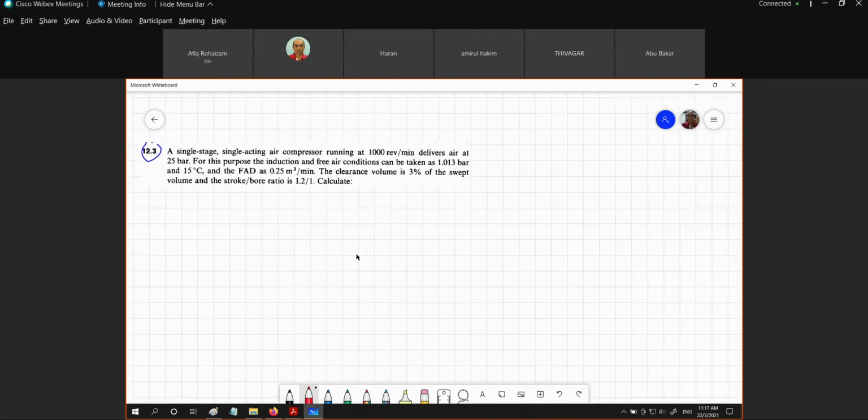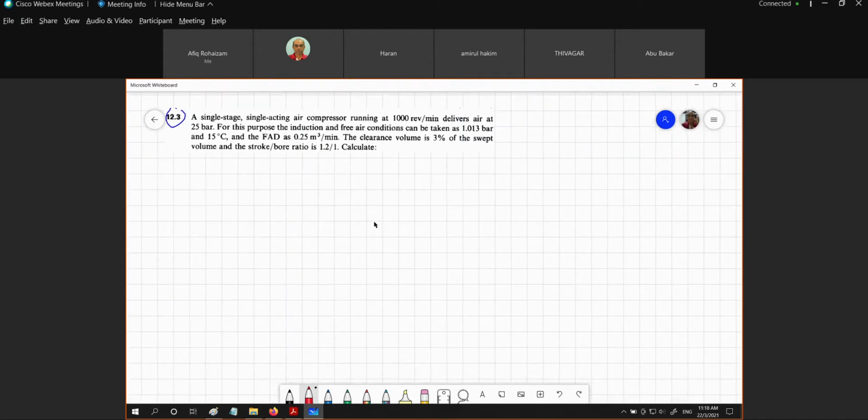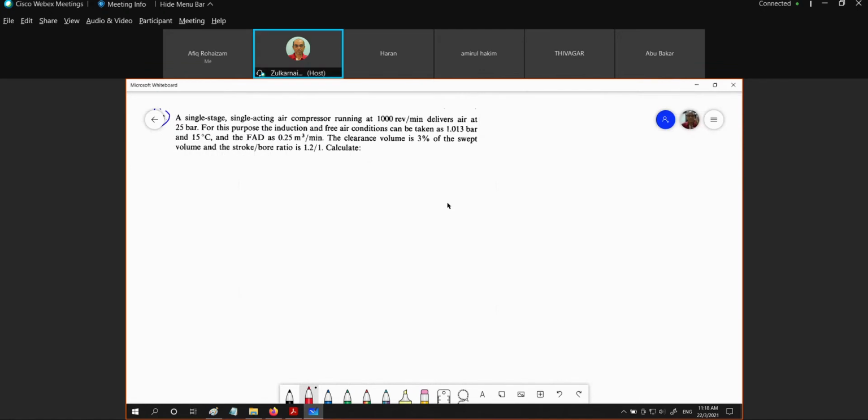A single stage, single acting air compressor running at 1000 revolutions per minute delivers air at 25 bar.